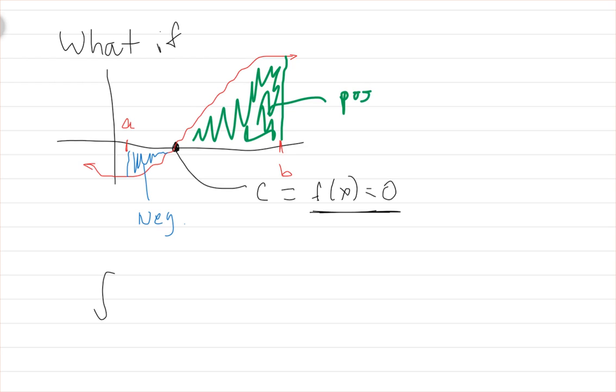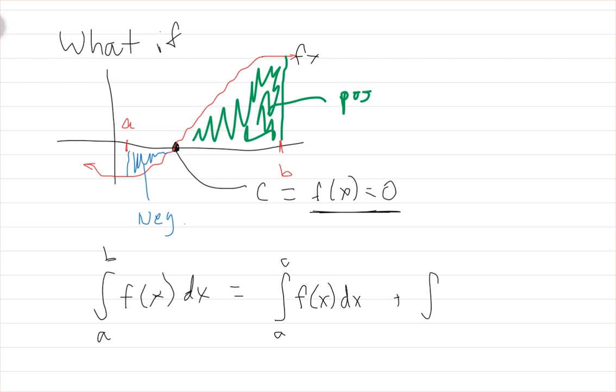The integral from a to b of f of x dx, and f of x is our original function here, this red line, is equal to the integral from a to c of f of x dx plus the integral from c to b of f of x dx.